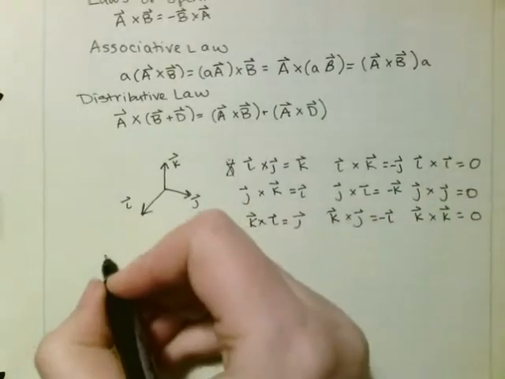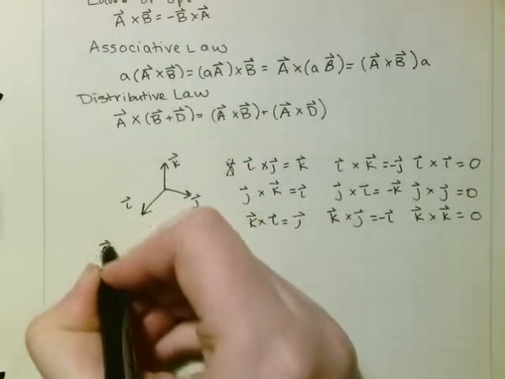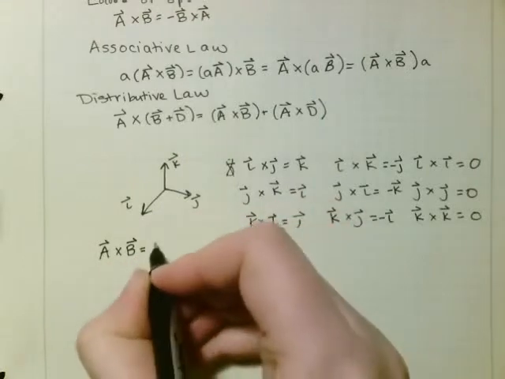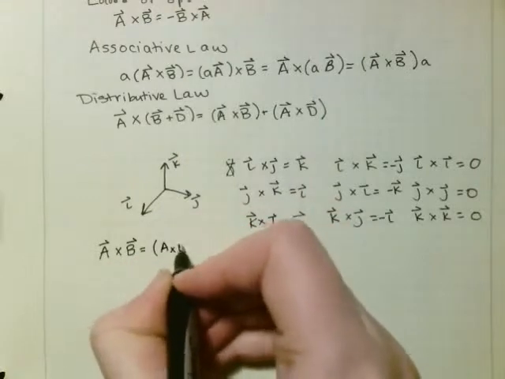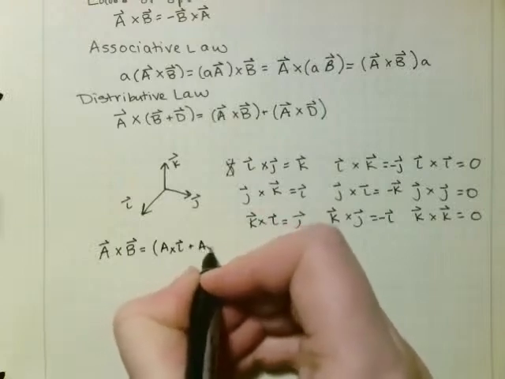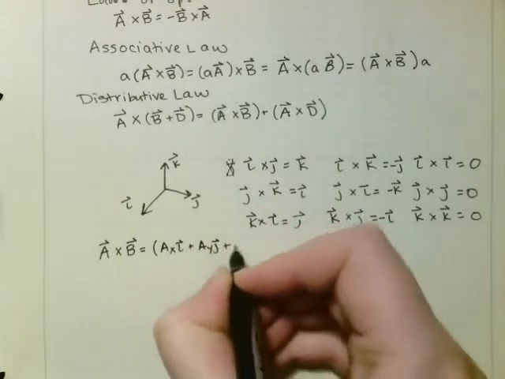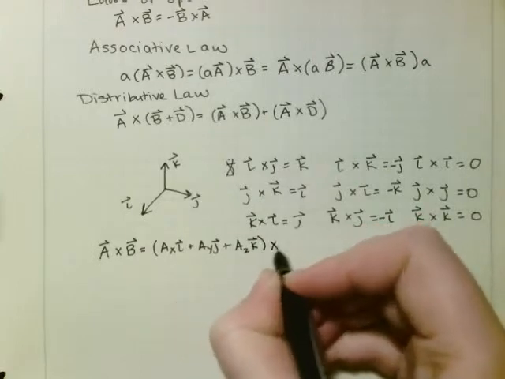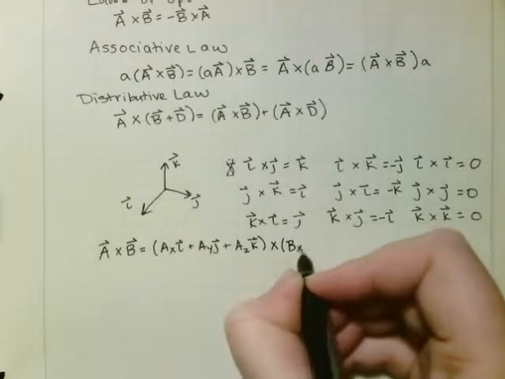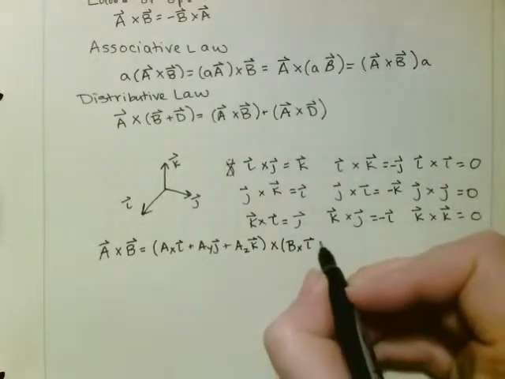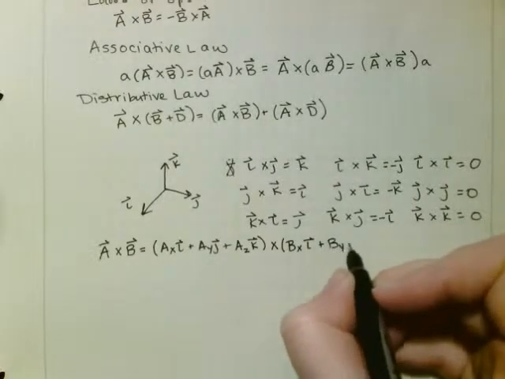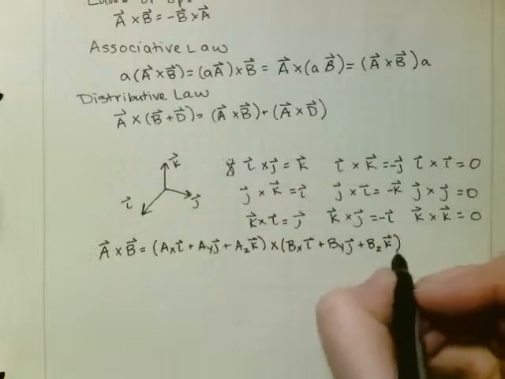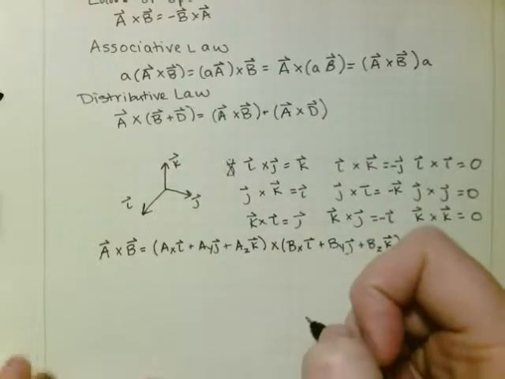Okay, so say we wanted to do A cross B, where A is equal to AX I plus AY J plus AZ K. Cross that with BX I plus BY J plus BZ K. Okay, and now we've got to distribute these out.